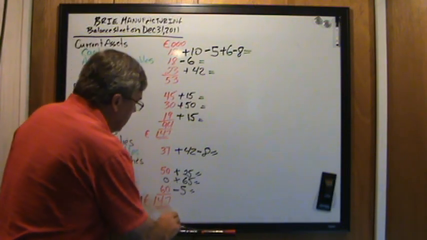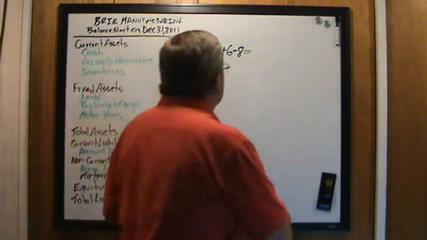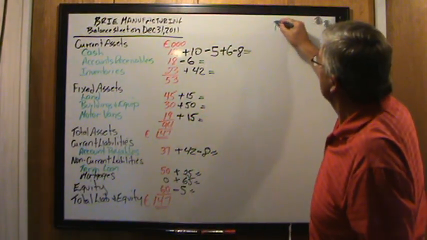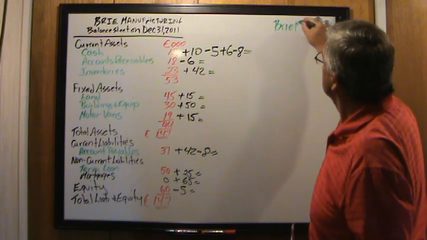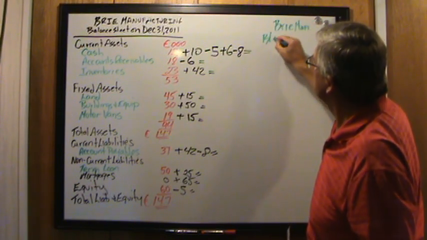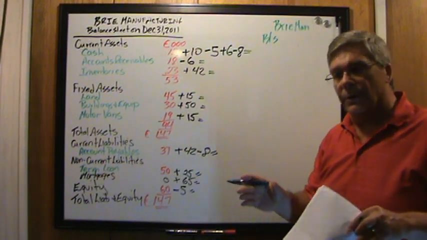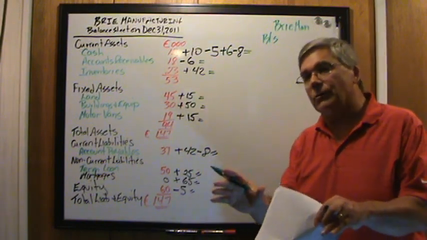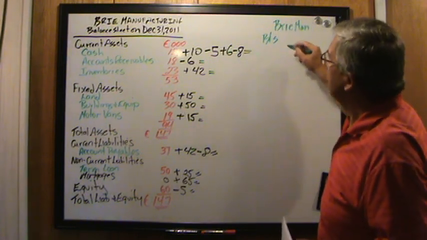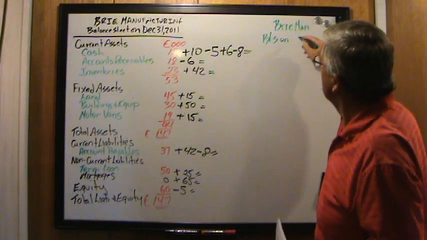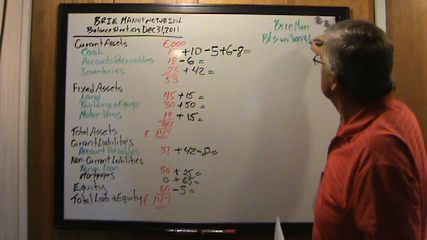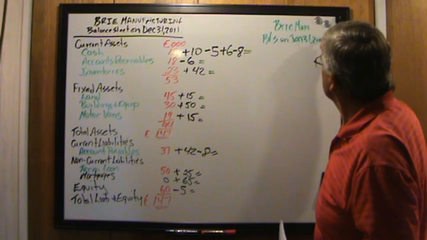So here we are, and now we have Brie Manufacturing, and the balance sheet. I'm going to use short form here. I don't want you to use short form though. I'm restricted by the size of this board. Balance sheet on January 31st, 2012.